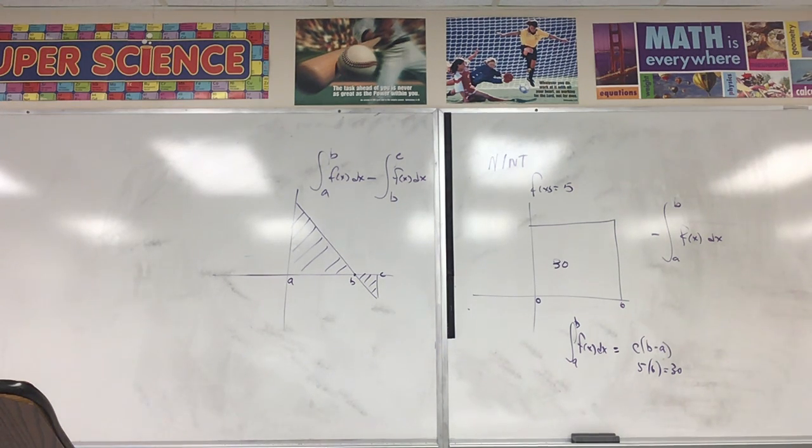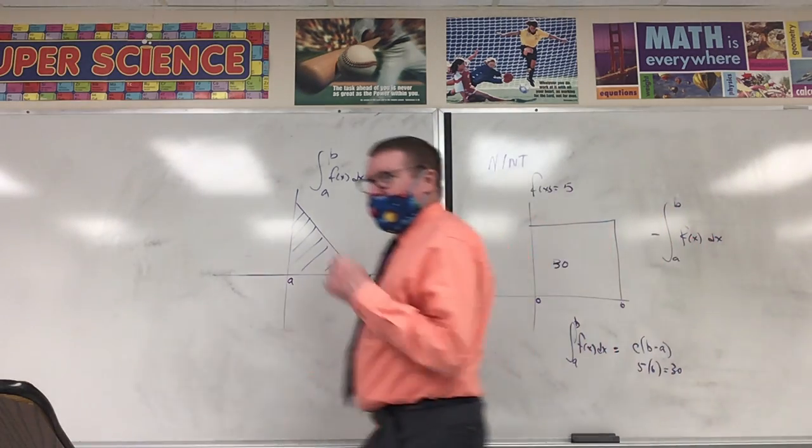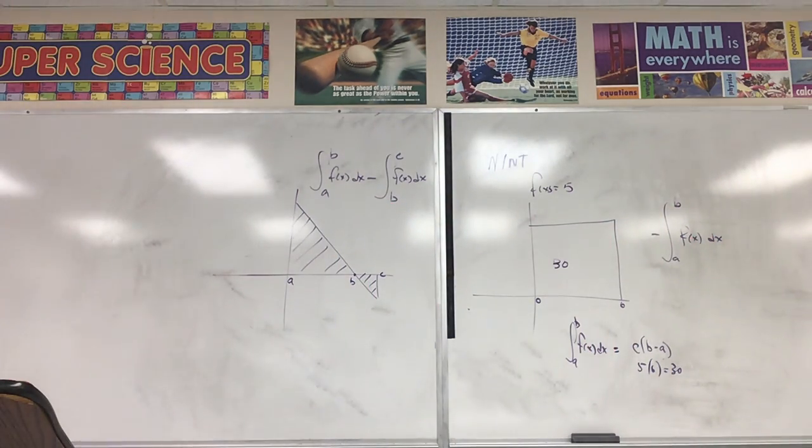Because the distance from 6 to 8 is 2, and then times the 5. Your calculator's still dead? The one I just said, from 6 to 8, the integral of 5 dx equals 10.